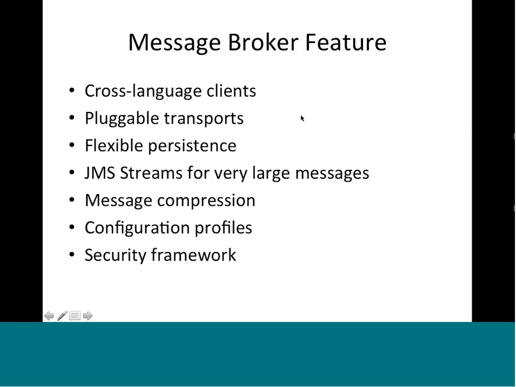Now, apart from that, you have certain features of a message broker like cross-language client, pluggable transport, flexible persistence, and JMS streams for very large messages, like 1 gigabyte of message can be streamed using JMS. Message compression, so your message can be compressed and takes less memory. Configurable profiles, so you can fine tune your profile depending on the elements that you actually want to use.